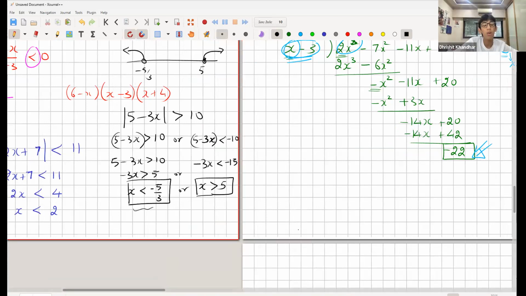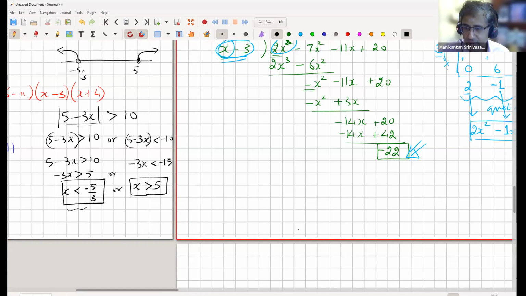We are asking what should x be such that the absolute value of 5 minus 3x is greater than 10. You're right that the absolute value is non-negative. Makes sense, right, Drishit?